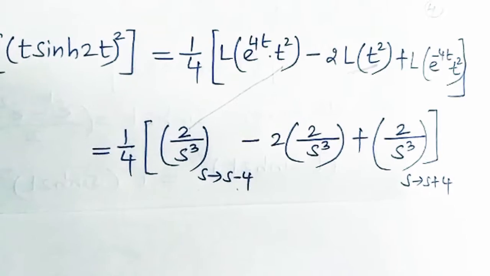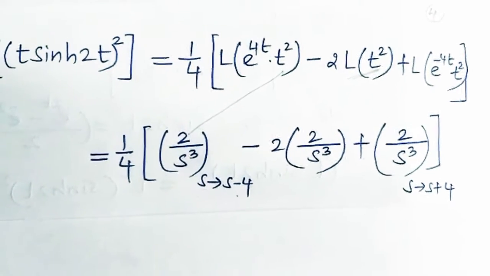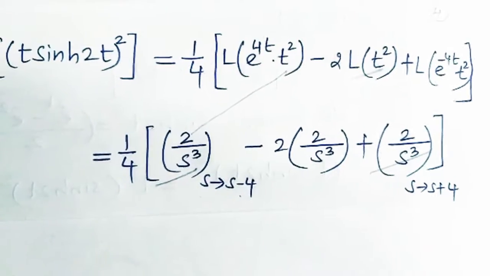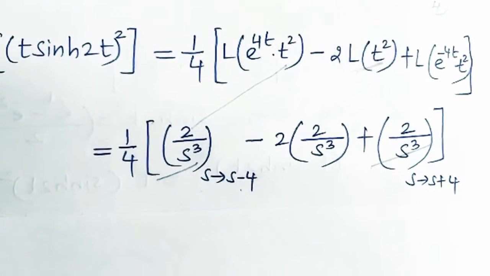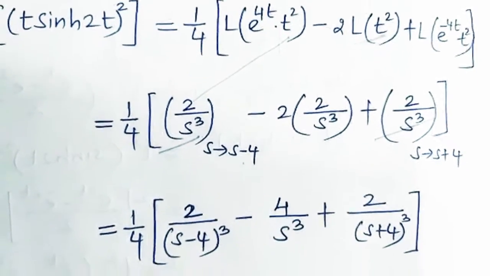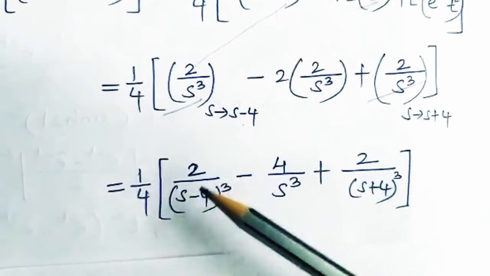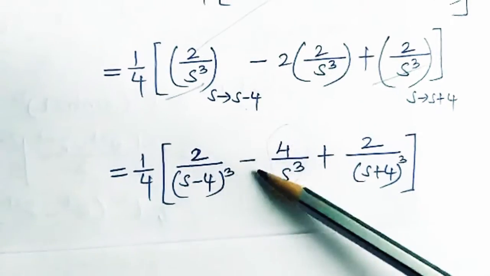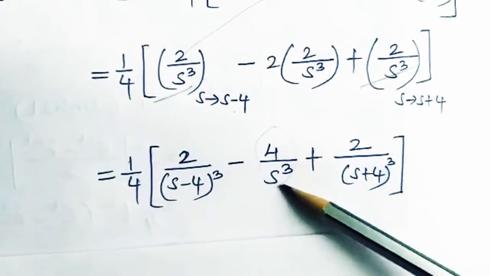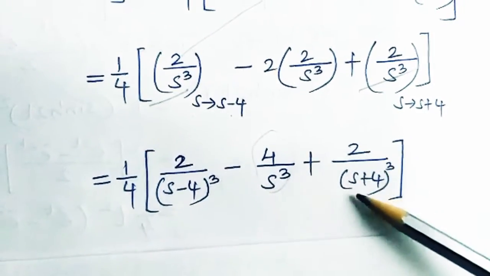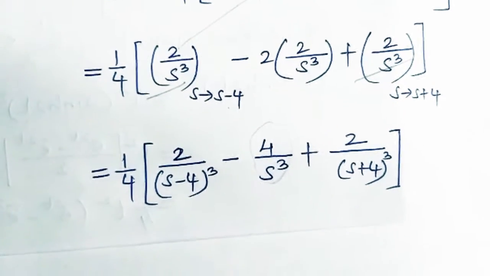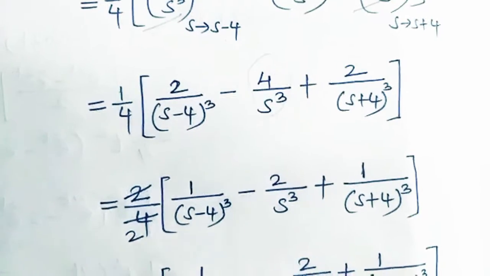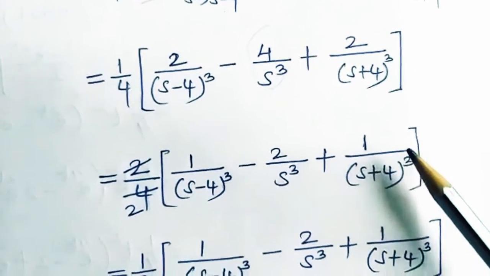In the next step, wherever s is there, in the first term as well as the third term, we will replace s as s minus 4 and s plus 4 respectively. That is 1 by 4, 2 divided by (s minus 4) raised to 3. We should be alert in the second, minus 4 divided by s cube, plus 2 divided by (s plus 4) raised to 3. And finally, we may take 2 as a common factor and simplify wherever there is a possibility.